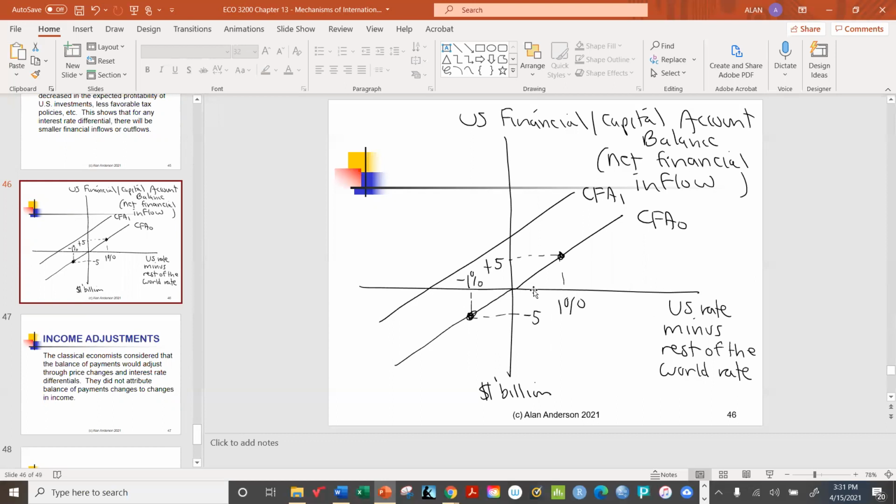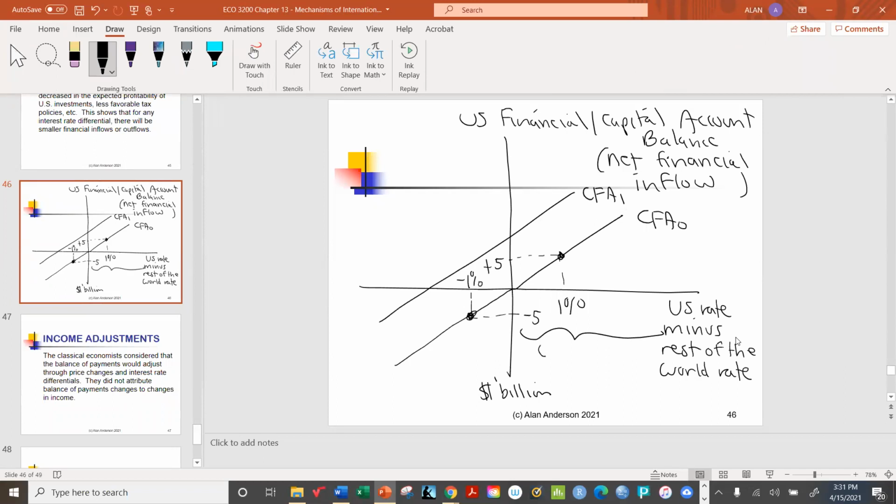So in other words, if this is positive, in fact, let me add this here. On the right-hand side here, US rates are greater than the rest of the world, let's say. On this side of the fence, so to speak, US rates are lower than the rest of the world.